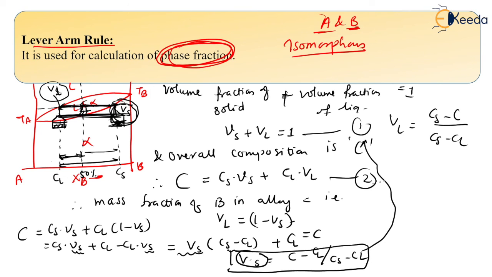So in a general way, I can write that the percentage or the volume fraction of the system we can calculate as the opposite distance divided by the whole distance.